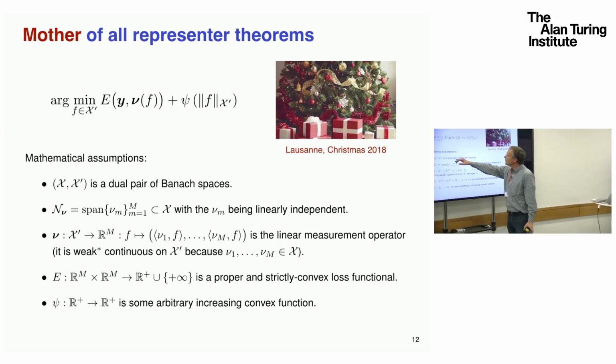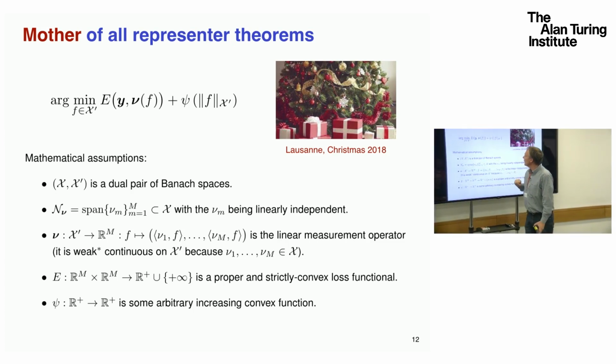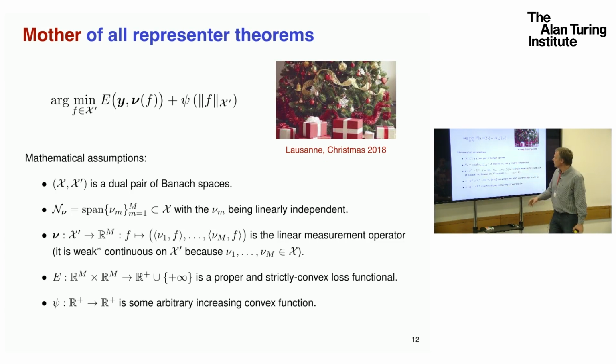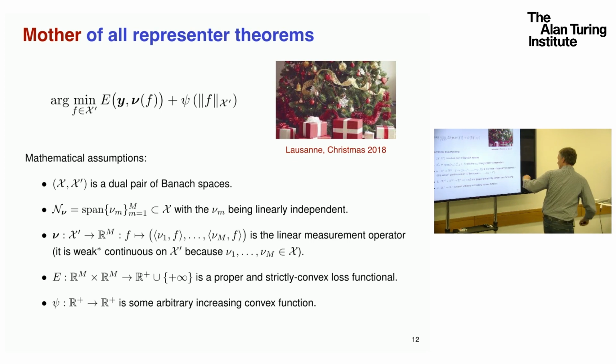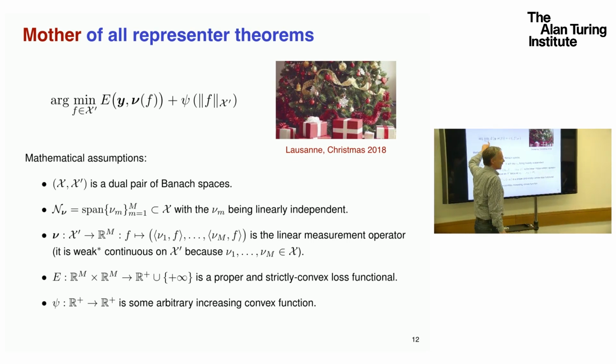Anyway, so what are the assumptions here? We have a dual pair of Banach spaces. We have some linear functionals that are linearly independent. And actually, there's only one assumption. It's quite technical: the functionals should be weak-star continuous on X prime. Actually, that's important in the formulation, because you wonder why there's an X prime.